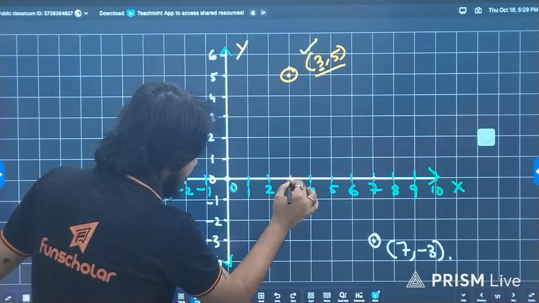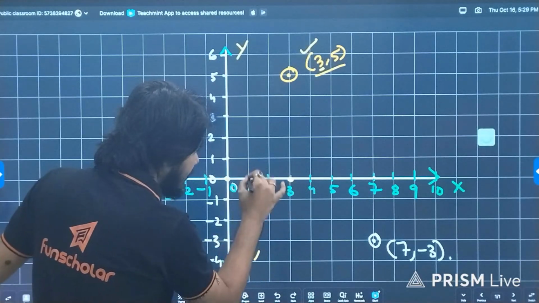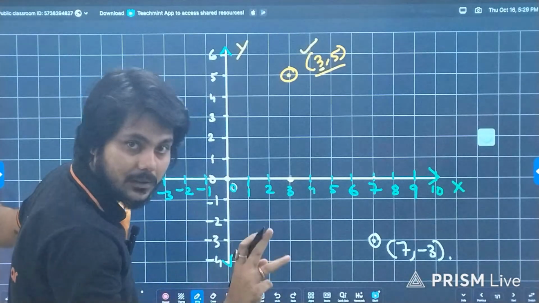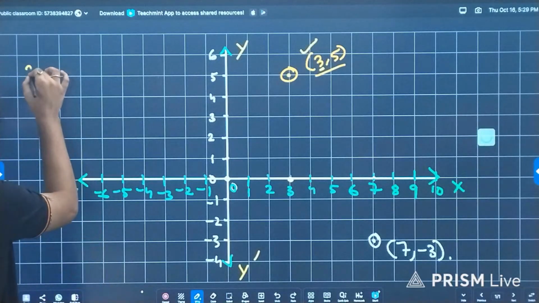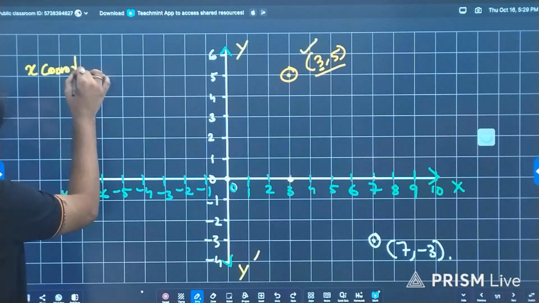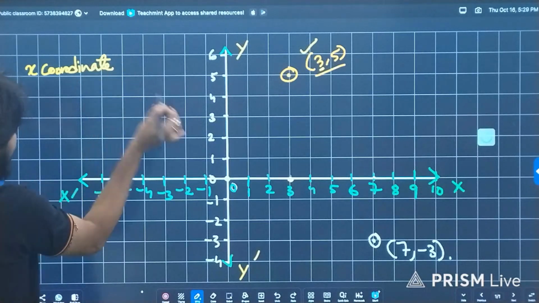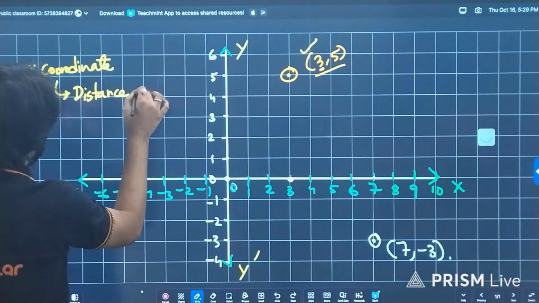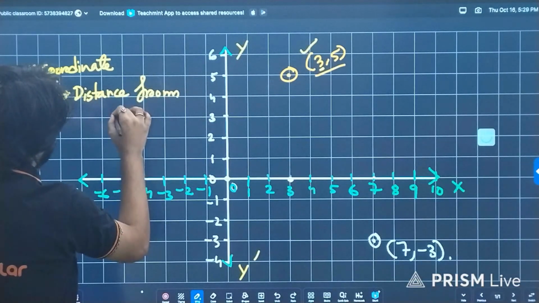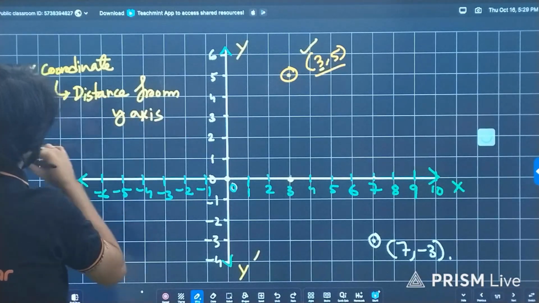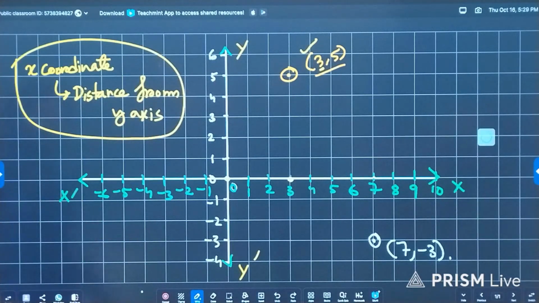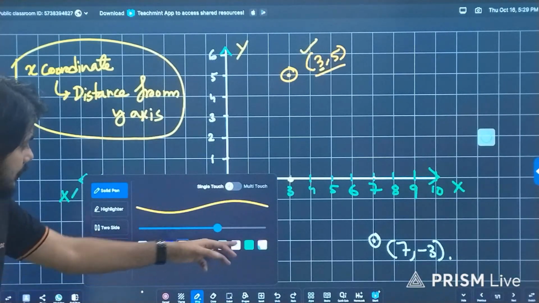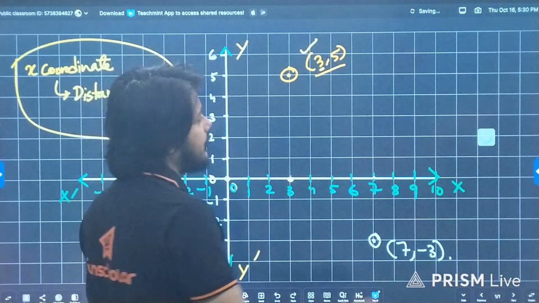Why? Because this point is 3 units away from this y axis. Yes or no? Yes. So x coordinate means distance from y axis. Now can you tell me what is the meaning of y coordinate?